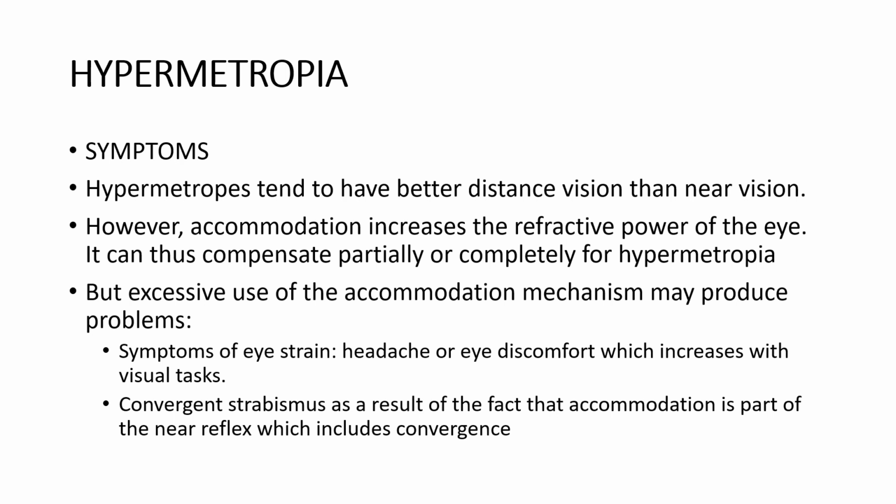So when somebody wants to look at a near object, they can, in hypermetropia, overshoot so that there's too much convergence, and that becomes a problem.